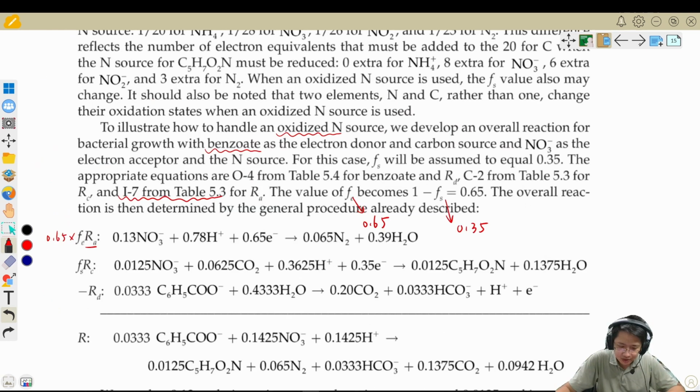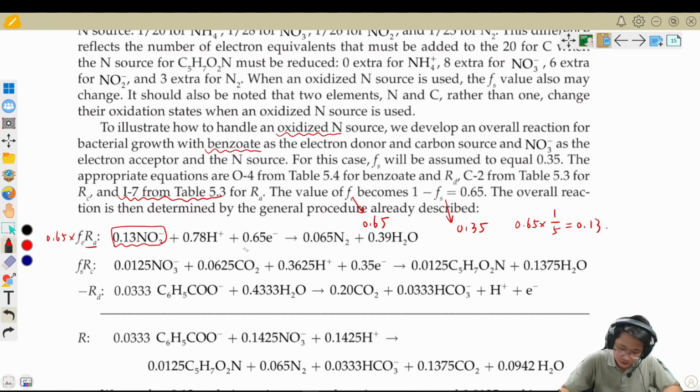So as you calculate 0.65 times the 1/5, that will be equal to 0.65 divided by 5 equals 0.13. So that's exactly the same thing as we wrote down here, 0.13 of the nitrate.